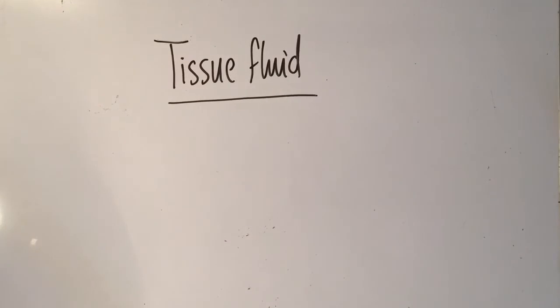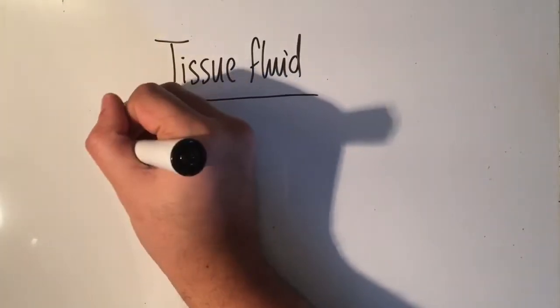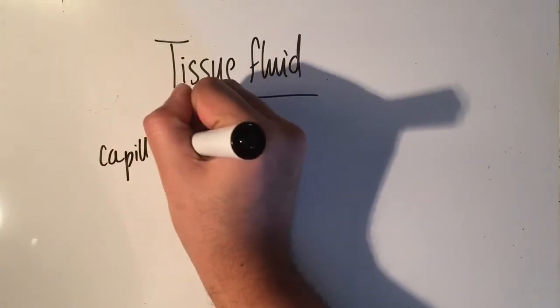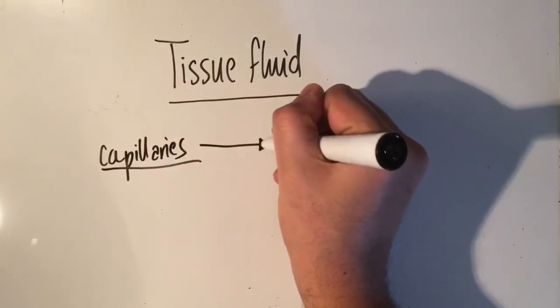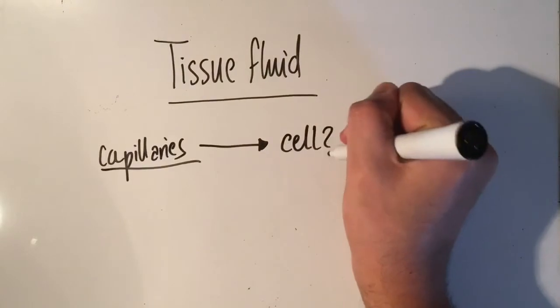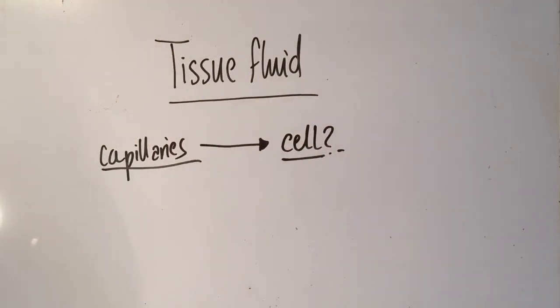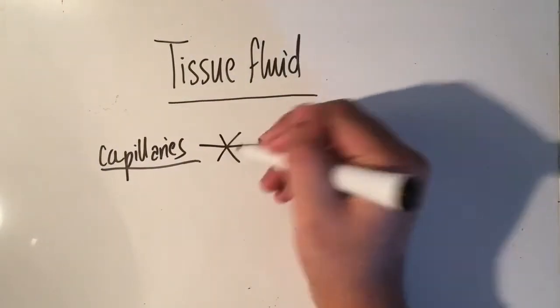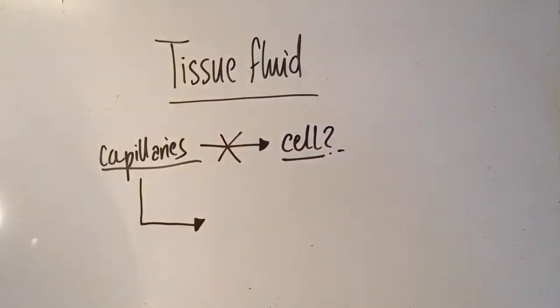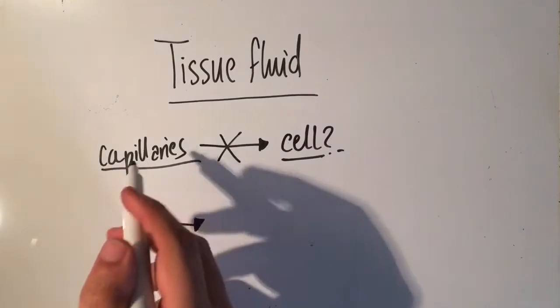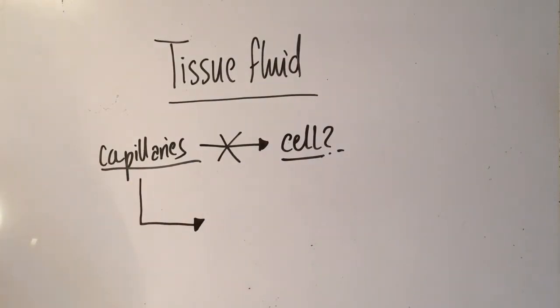Until now, we've been under the assumption that the capillaries are the final destination before all the metabolic components are able to pass into the cell to carry out respiration. But in fact, that's not completely true. What happens is that the capillaries can't actually get to all the cells directly.